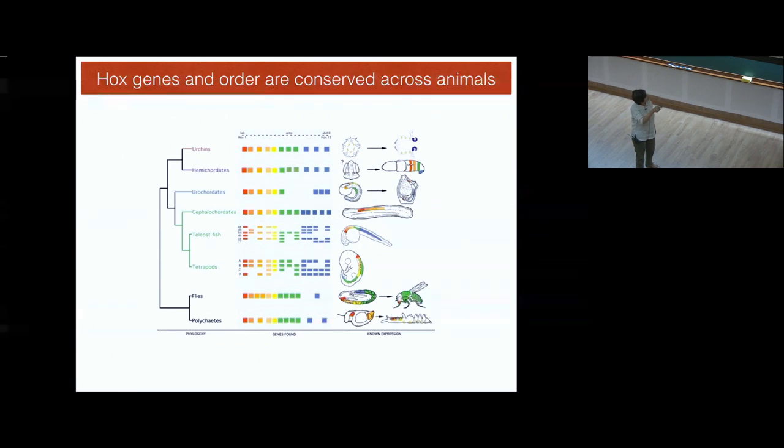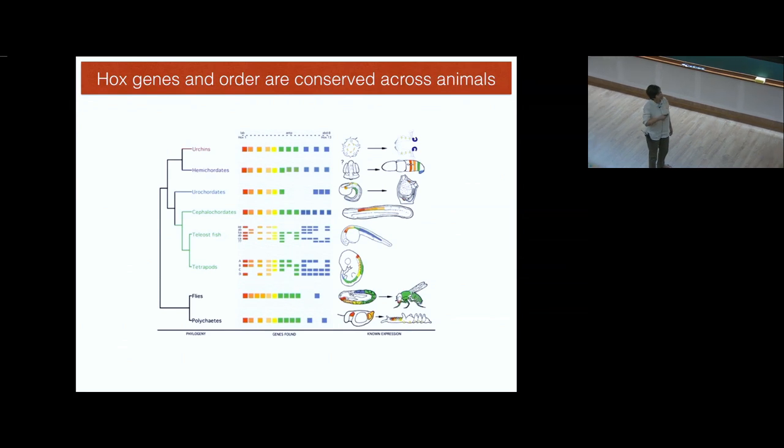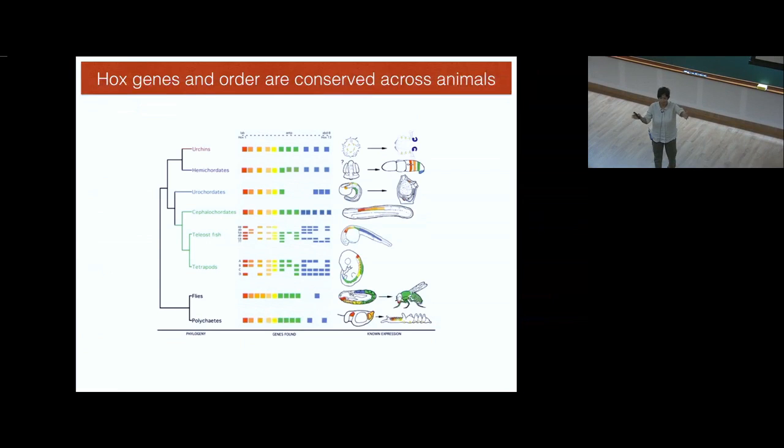Now, within here, let's say the orange guy duplicated from this guy duplicated from this guy. That's not necessarily true, but basically there have been a series of duplication events that occurred. But all of these guys are homologs to each other, right? So those duplication events happened in the common ancestor of all of these animals. So you have these basic set of Hox genes which were present in the common ancestor of all of these animals. And then since then they've diverged a little bit.